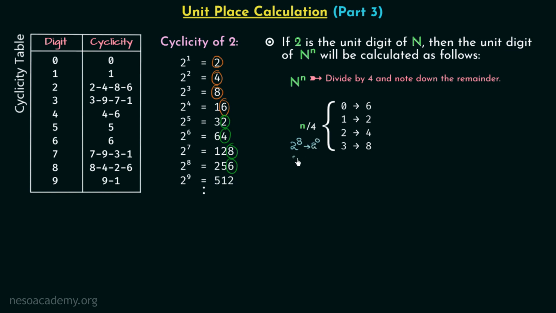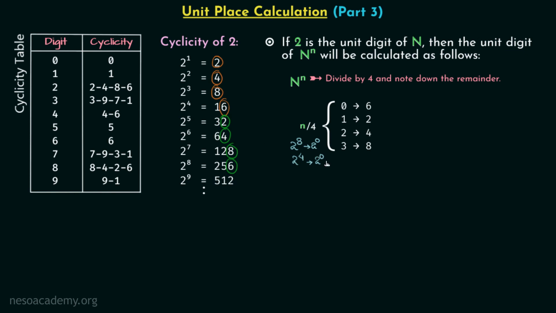Similarly, if we have 2 power 4, then 4 divided by 4 gives remainder 0, so we can write 2 power 4 as 2 power 0. And we know 2 power 4 will have 6 at its unit place.